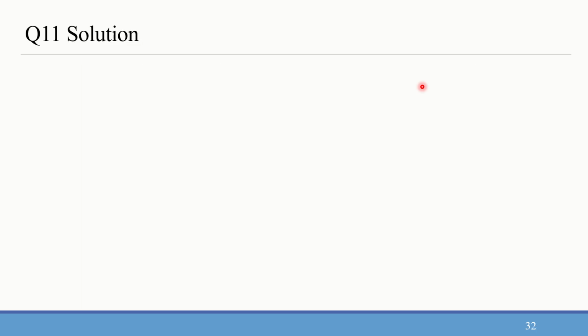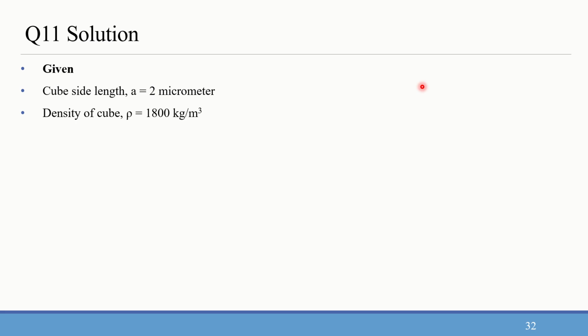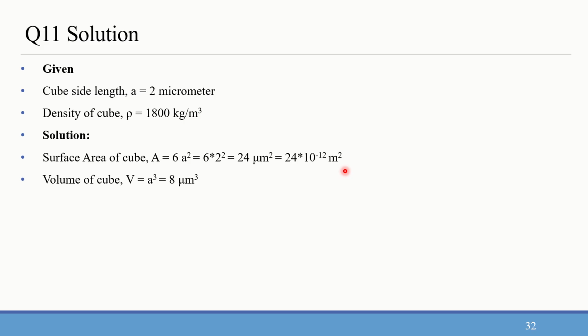Now we will go to the question. The cube side length is given as 2 micrometer and density of cube is 1800 kg per meter cube, and the surface area of the cube, which we saw in the last slide, is 24 micrometer square. But since we are calculating the specific surface area, we use SI units, so it is 24 into 10 power minus 12 meter square.